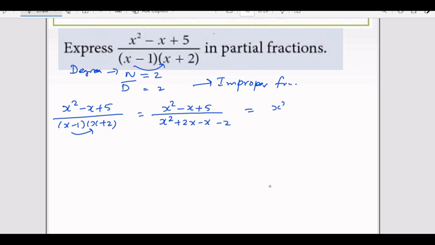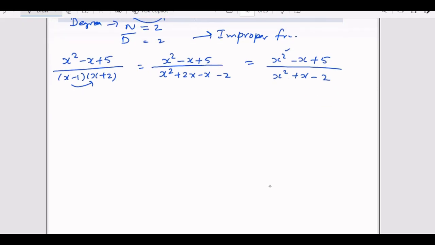So we have x squared plus x minus 2. Now you see the degree here is 2 and here is 2. So this is improper, and we can use long division to divide this.